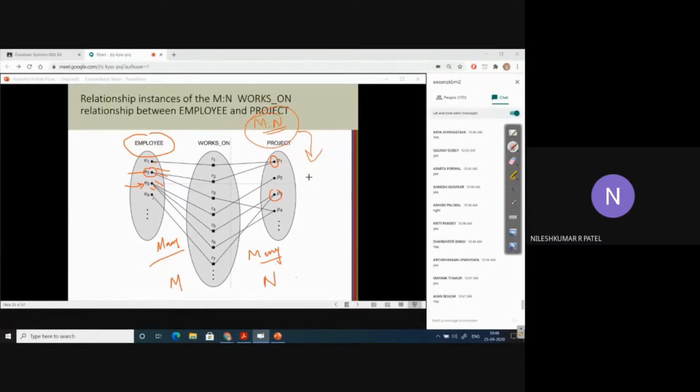This is very important, and in coming lectures you will come to know why. Please make a note of why cardinality ratio is important in database design. We'll discuss that when we discuss normal forms and everything. Is it clear, all of you, why it is an m is to n cardinality ratio in this particular relationship?